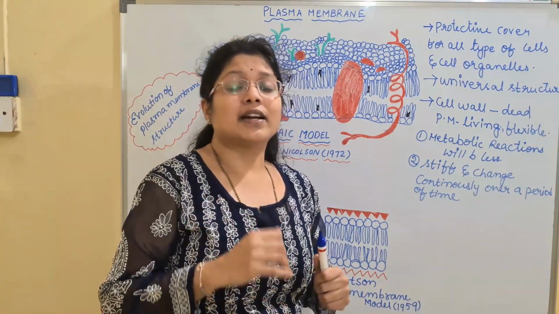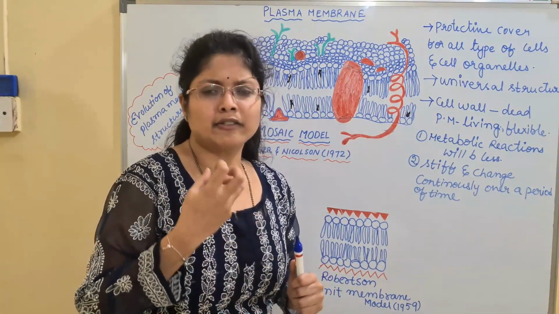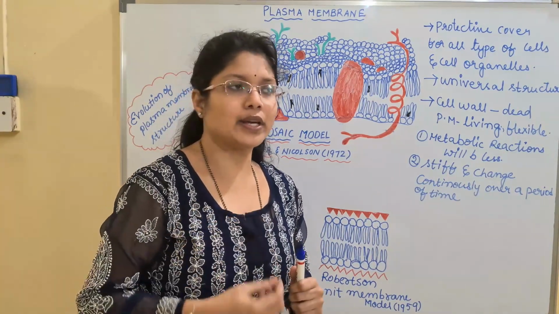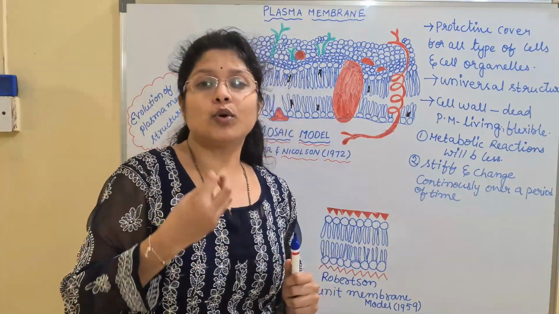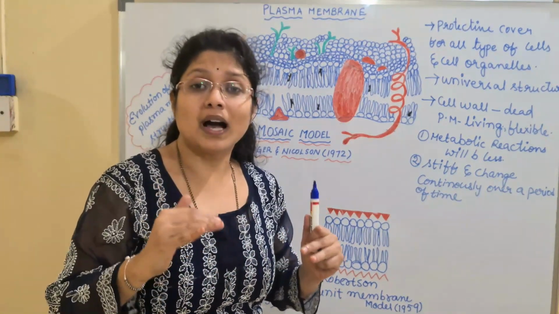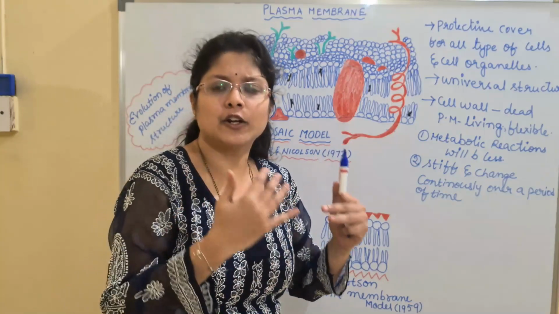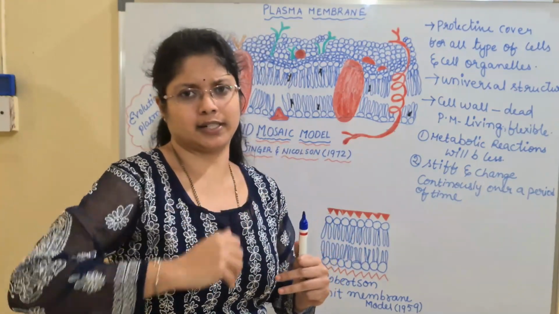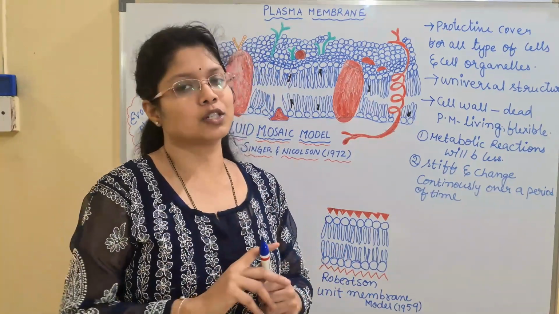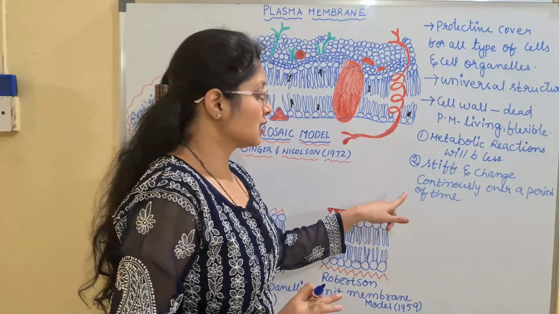Because it allows selective molecules to enter the cell. It will allow small non-polar molecules easily inside the cell, but the remaining molecules, the major category of molecules, will be obstructed. The membrane acts like a barrier to these molecules. Okay, so this is an important thing.